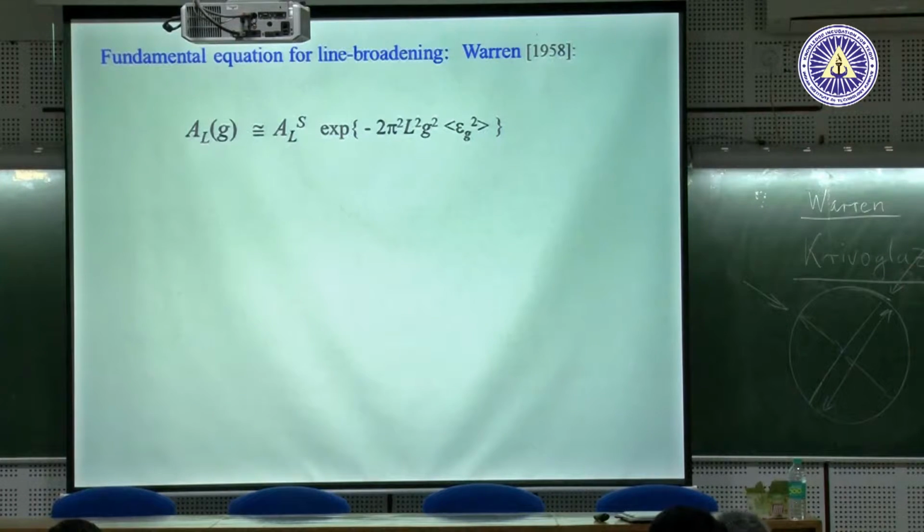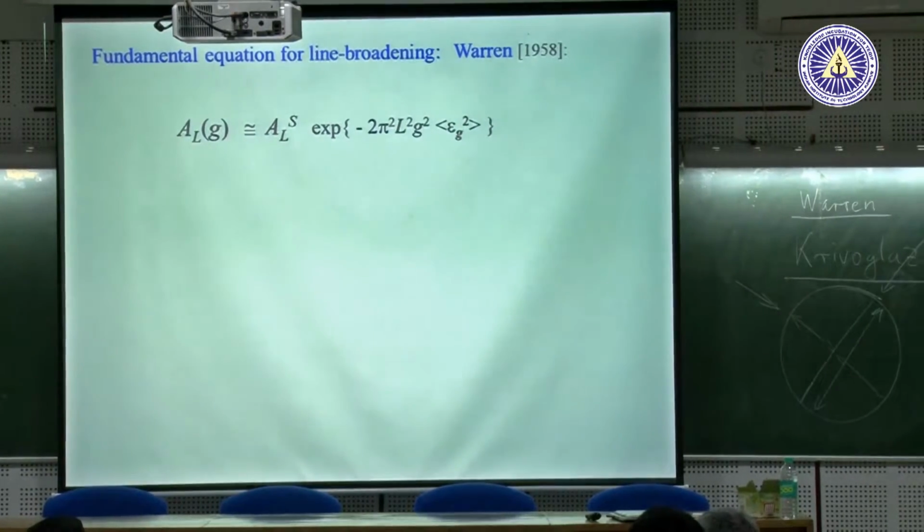G is measured in reciprocal meter. And you have two Fourier coefficients, one for the size effect, S is for the size, and one for the strain effect. And the quintessence of the strain is summarized in this quantity, which we call mean square strain.